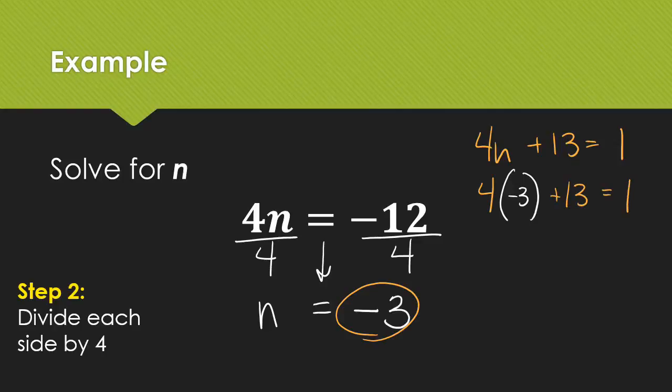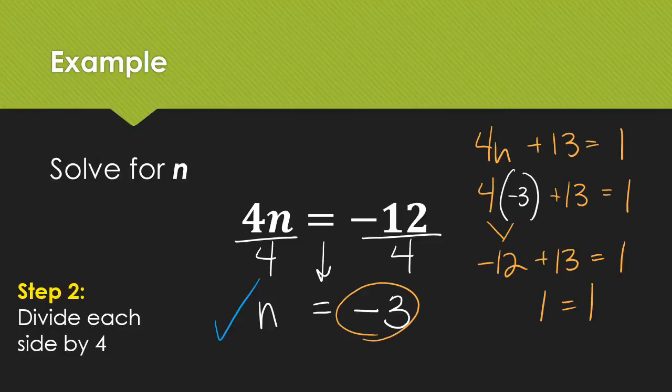Then 4 times -3 gives us -12, plus a +13 equals 1. So -12 plus +13 is +1, equals 1. So we know that both steps that we did, step 1 and step 2, check out to make n equal to -3. So now it's your turn.